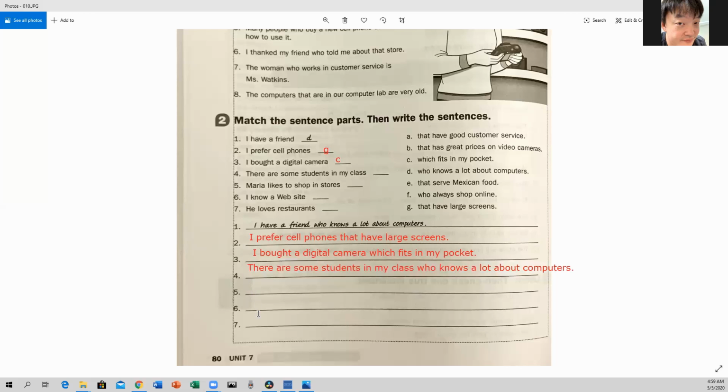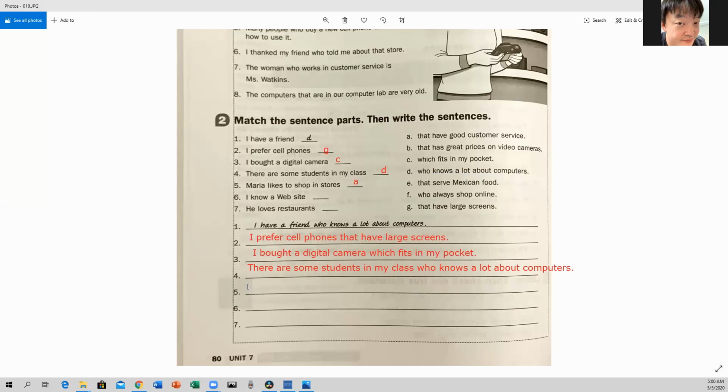Continuing, number 5. Oops, I forgot to go here. D. 4 is D. So Maria likes to shop in stores. What kind of stores? That have good customer service.